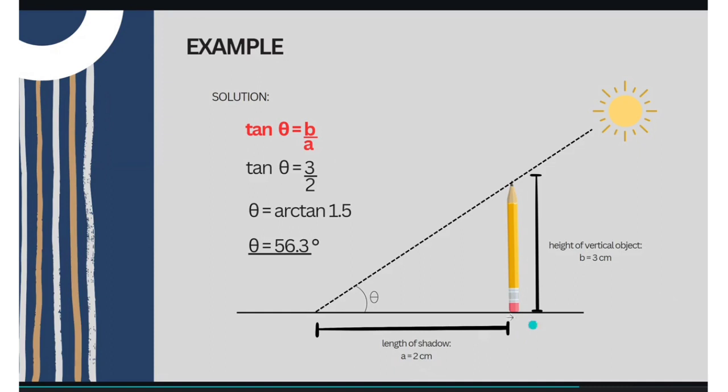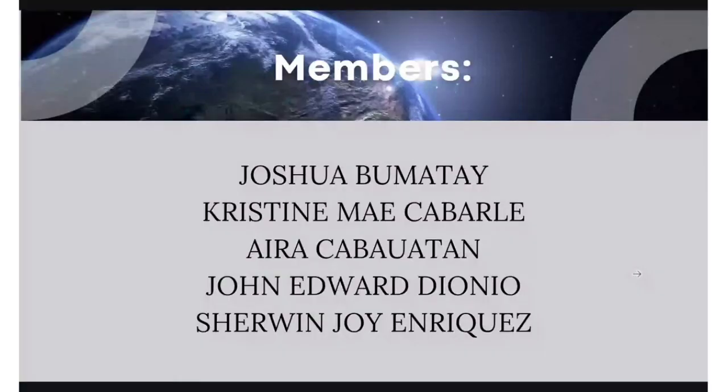So, we have to substitute our values and then compute it. So, tangent theta is equal to 3 divided by 2. So, if you type this sa scientific calculator, you will get 56.3 degrees and yun yung magiging angle ng sun mo. So, ayun. And thank you for listening, and once again, good afternoon.